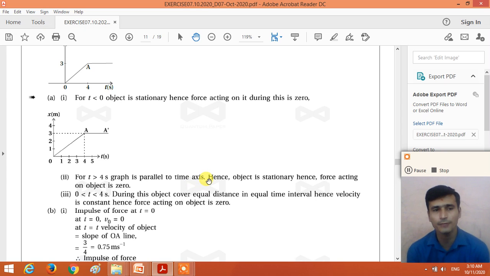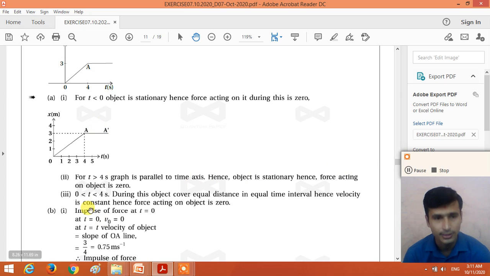So in both of the first two cases, the force acting on the object is 0, because when the object is stationary, the force acting on it is 0.